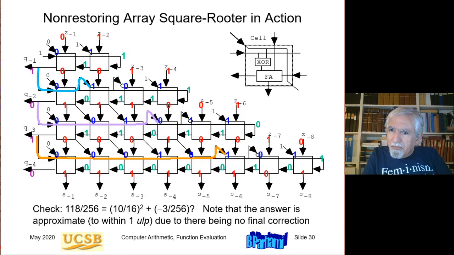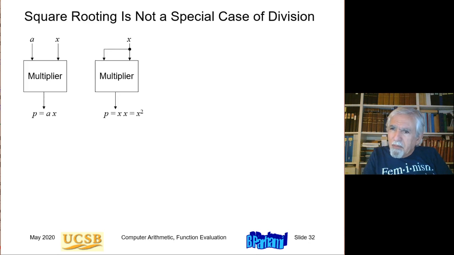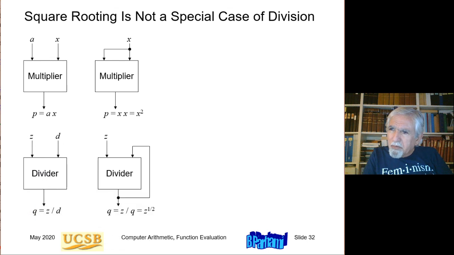Okay, this is verification that this was the correct result, doing the square rooting according to the method that we saw at the beginning of the lecture. Just confirmation testing.